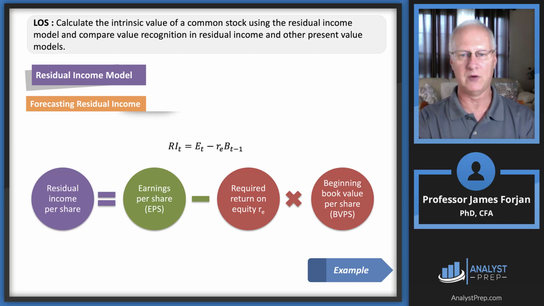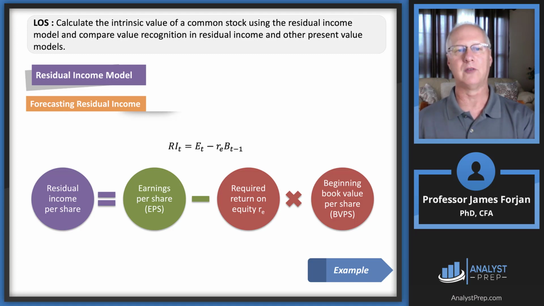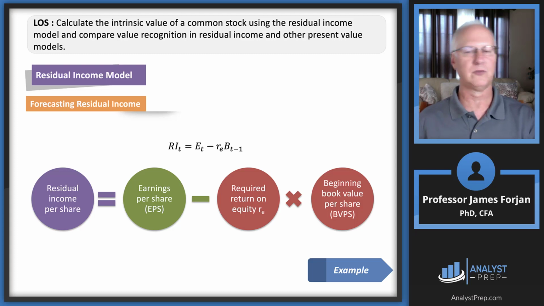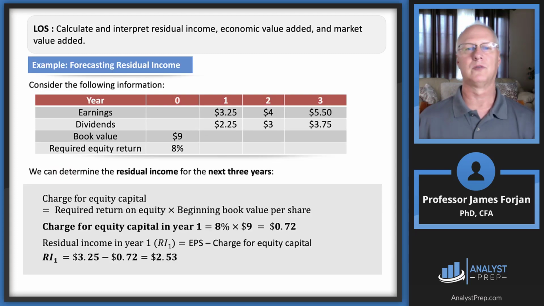So there's the required return on equity times the beginning book value per share. So there's a really good way to forecast residual income based on what I said early: explicit costs and implicit costs.